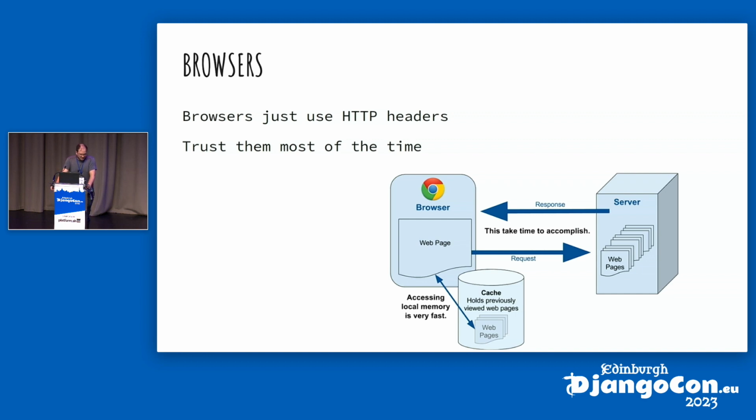Browsers are not too smart. They just use HTTP headers, and you can trust that most of the time. You have some edge cases to learn in the future, but you can just trust them. It's local memory, local disk probably, and disk memory.